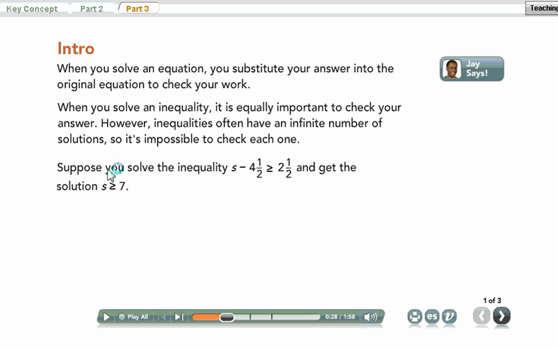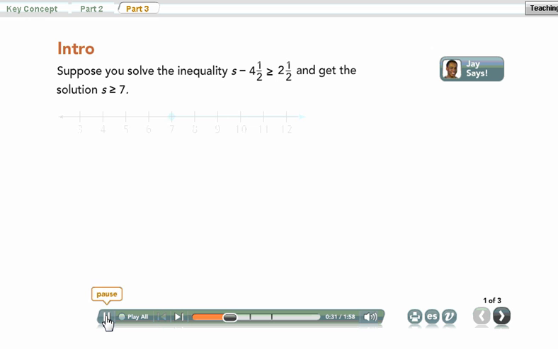So they're saying, suppose you solve an inequality s minus 4.5 is greater than 2.5, and you get the solution s is greater than 7. Well, they want us to check that. They're showing us a number line, and we can see all the values greater than 7 would be working for s.